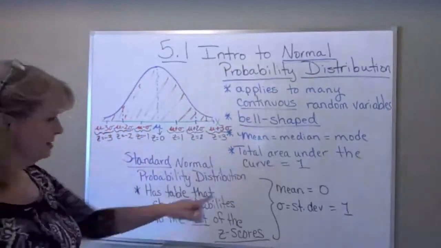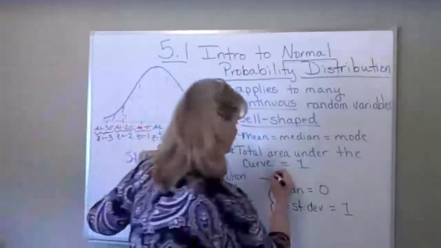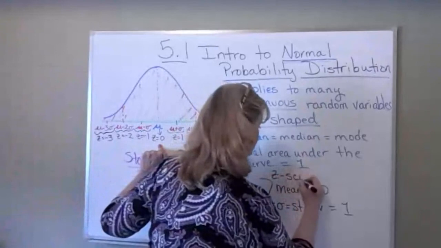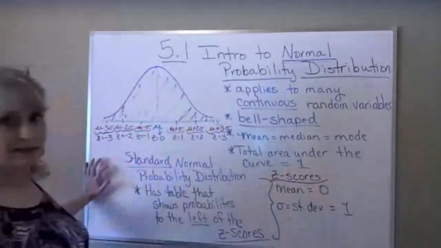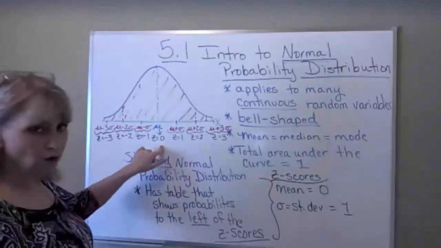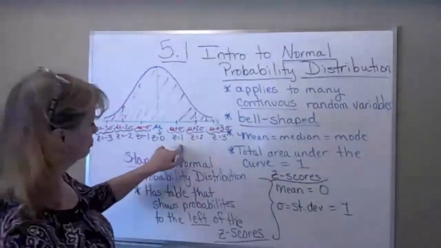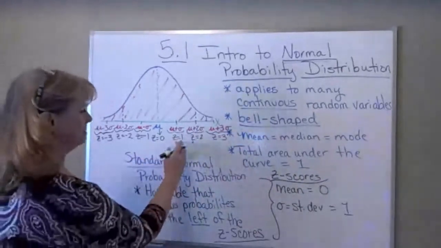So if you'll notice, the mean is 0. That's the number in the middle when you're talking about z-scores, which is what you're doing when you talk about the standard normal distribution. So 0 will be in the middle. And when you go to the right, 1, 2, 3 standard deviations or more, those are going to be positive.